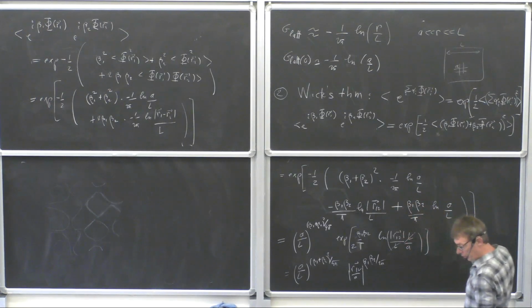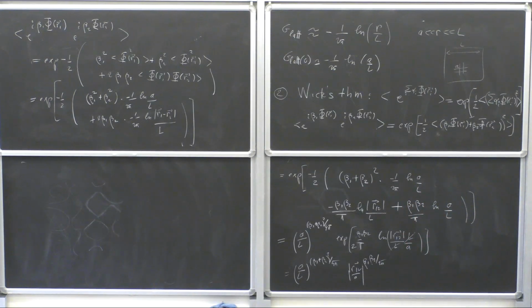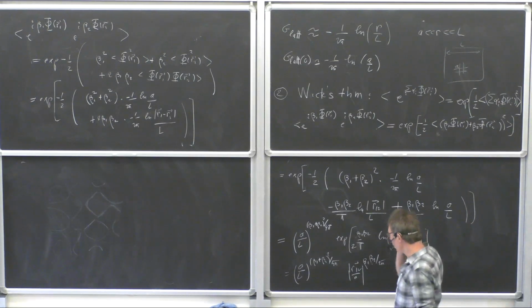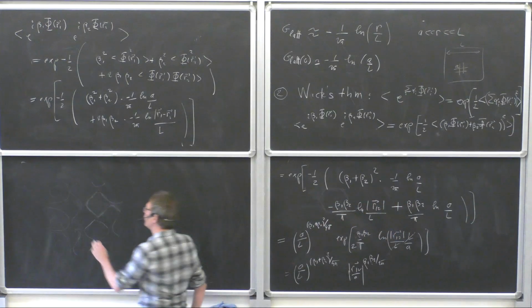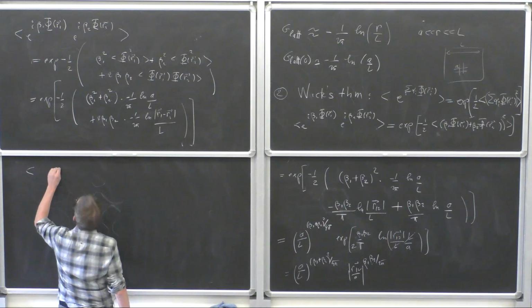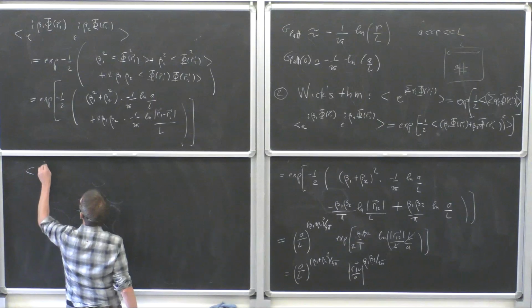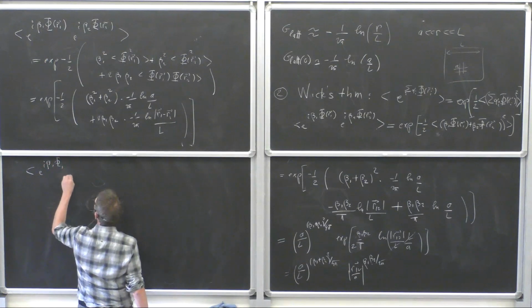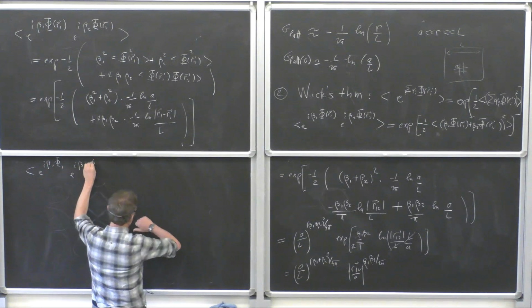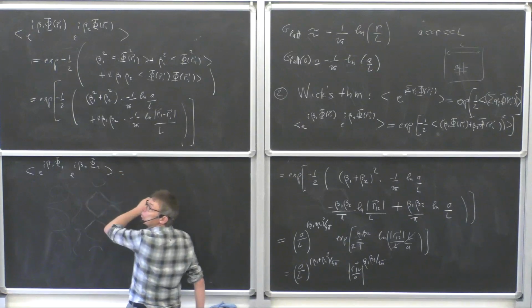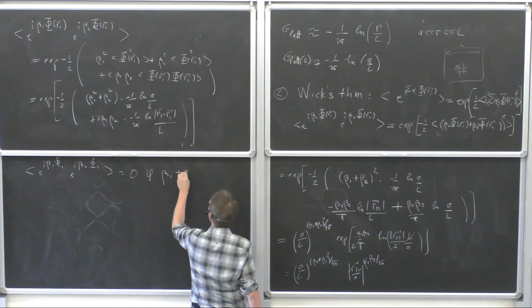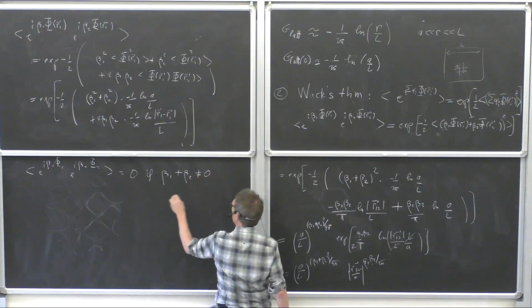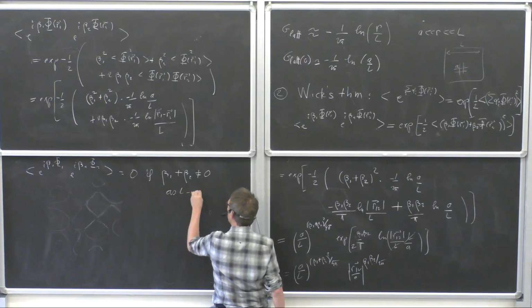Of course, the other reason it comes in is because the propagator is like a solution of the Laplace equation in 2D electrostatics. But for us, what matters is the two-point function equals 0 if beta 1 plus beta 2 is different from 0 as L goes to infinity.